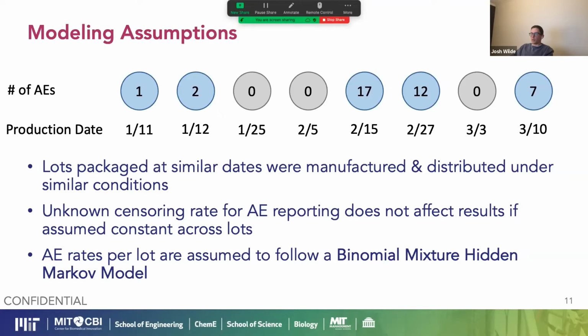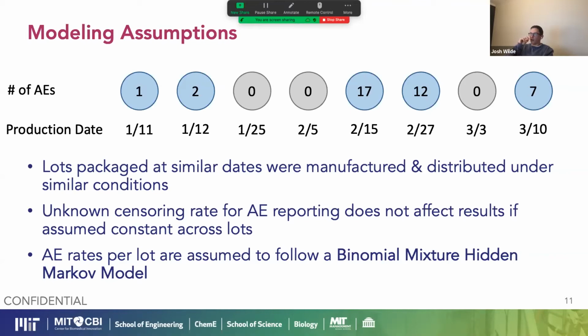And so we're basically looking for a pattern of local serial dependence in these adverse event rates that you would not expect to see if the lot numbers do not correlate with other features such as comorbidities of the patients who are receiving the lots or regional locations for where these patients are, which we do not have any reason to believe that these are correlated.